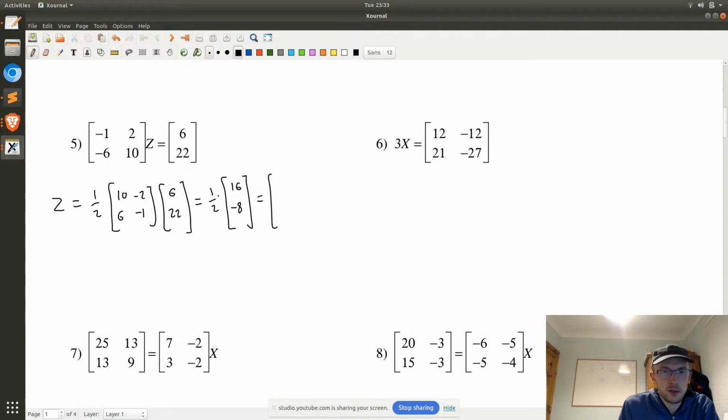And scalar multiply. So 8, minus 4. And here, 3x is this 2 by 2 matrix here. So multiply both sides by 1/3. So x is 4, negative 4, 7, negative 9, and check.